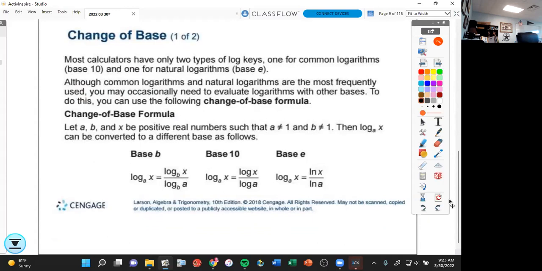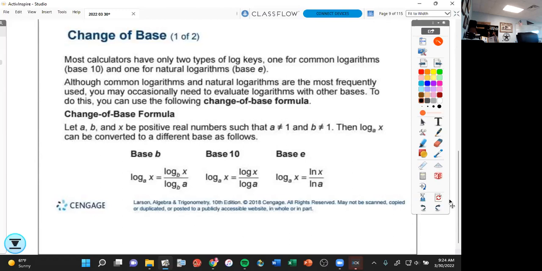So what happened here, I started with base A, and here you can see that I changed it to base 10. How do I know it's base 10? If you don't see a base, then you understand that it is 10. Over here, I can change log base A of X to any base that I want.